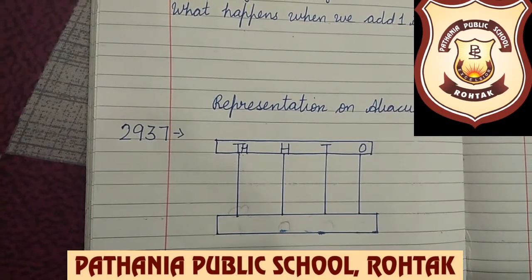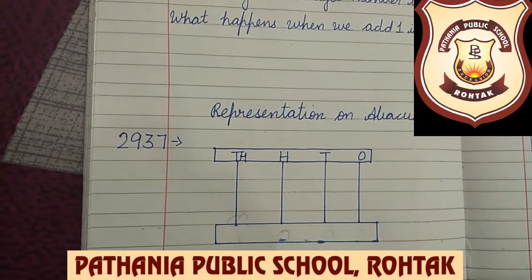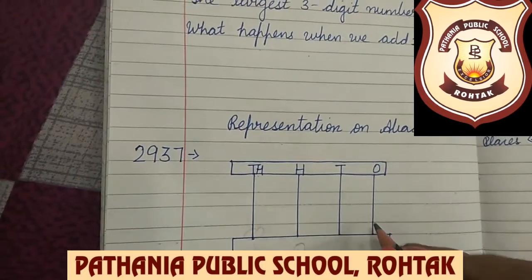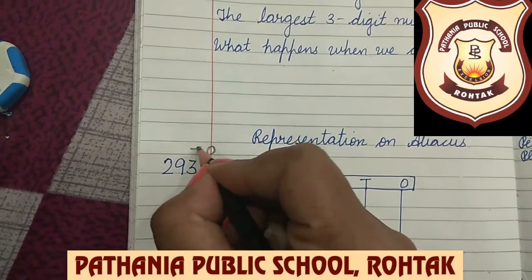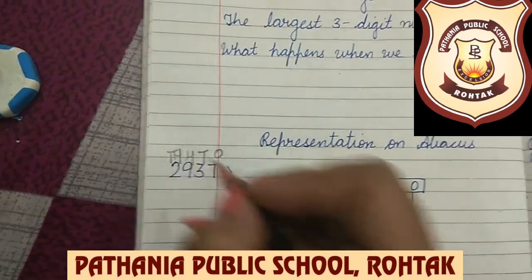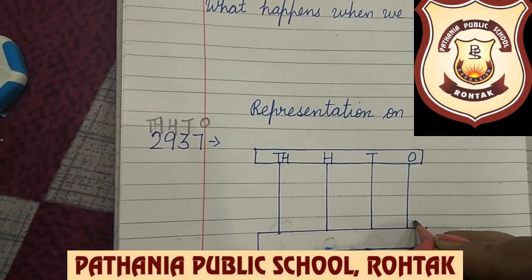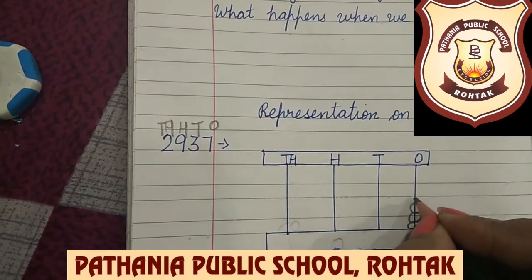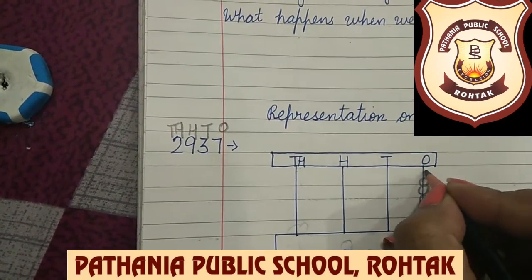Now, if I want to represent 2937 on the abacus, how will I do it? Please beta, pay attention. Now here again I will write the places: ones, tens, hundreds and thousands. So see which number is at the ones place. 7. So here I will draw 7 beads. 1, 2, 3, 4, 5, 6 and 7.